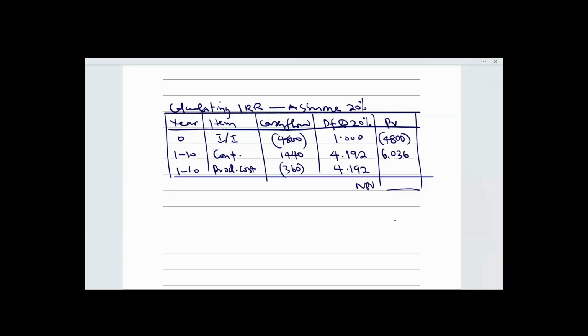Okay. Then the second one, production cost. 1,509. So what's the final answer? 6,036 minus the rest.